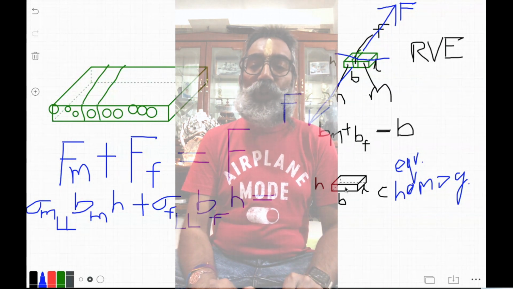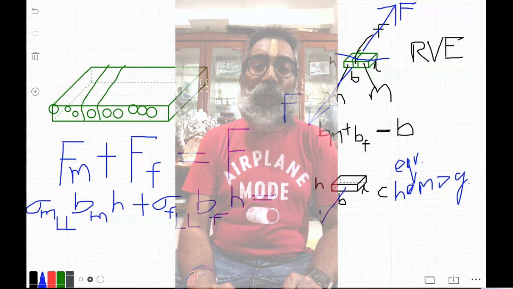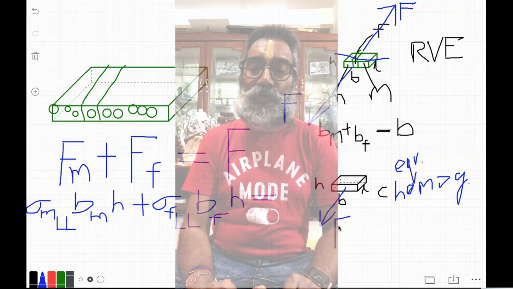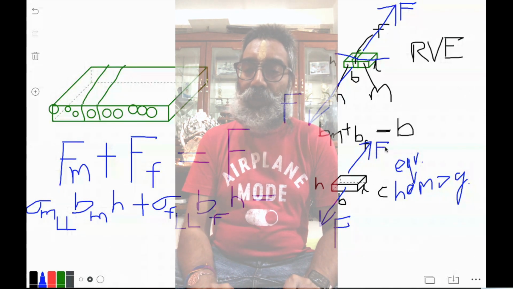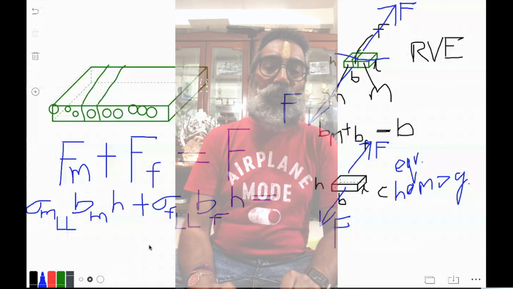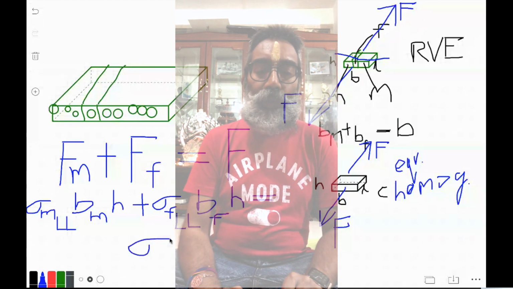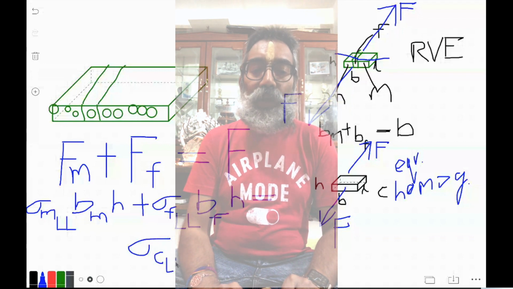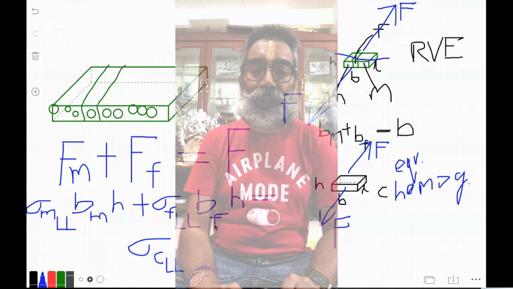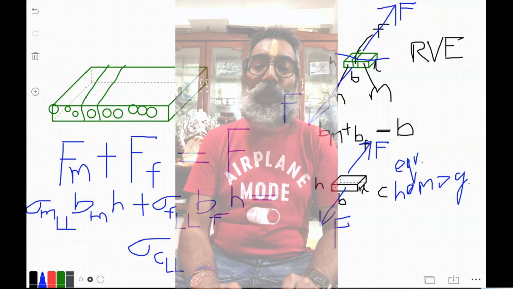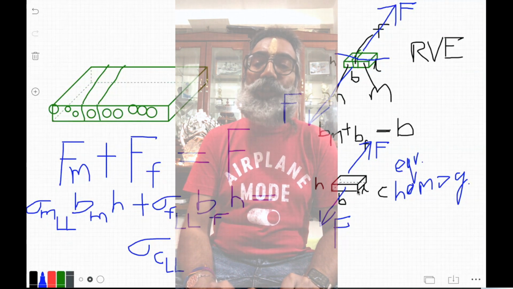So now this force that is there is going to act on this fictitious element as well, the same force F, and that force should now be equal to the stress in the composite, which we'll call as sigma C. Again, we are talking of the LL component, that is in a plane perpendicular to the L direction along the L direction, and multiplied by the cross section on which it acts.